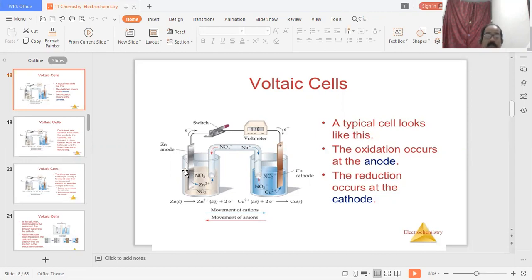The anode electrode is made of zinc and the cathode electrode is made of copper, and both electrodes are connected with the help of switch wire to the voltmeter. Both apparatus contain solution and are connected with the help of a salt bridge, and after that the chemical process occurs and chemical energy is converted to electrical energy. So this is the voltaic cell. A typical cell looks like this. Oxidation occurs at the anode and reduction occurs at the cathode.